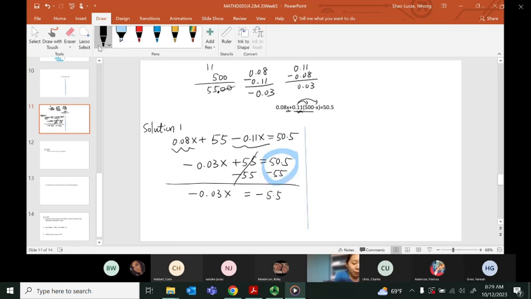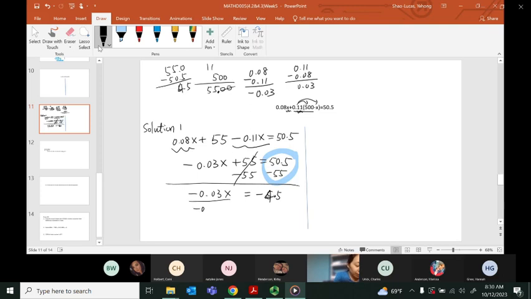When you do that, you actually have to do 55 minus 50.5. Oh, sorry, that should be 4.5, negative 4.5. When you do it the other way, a smaller number minus a bigger number, that'll give you negative.